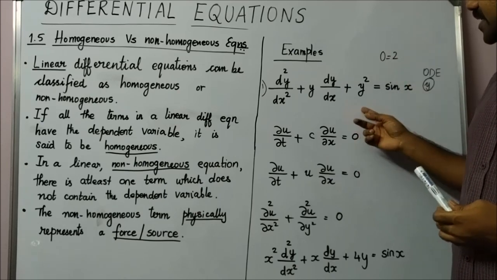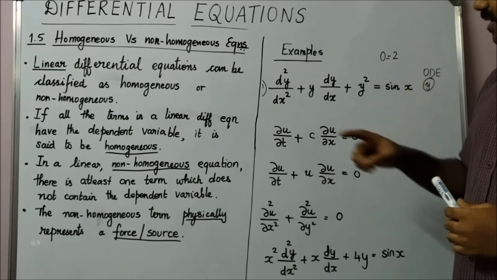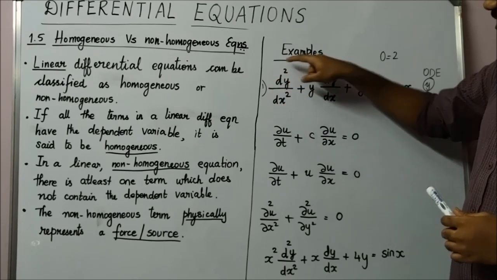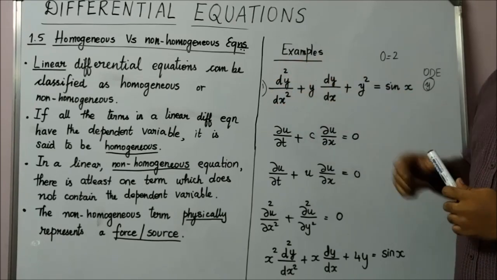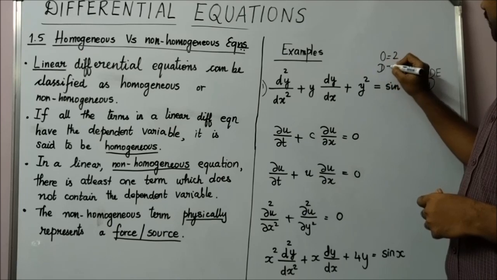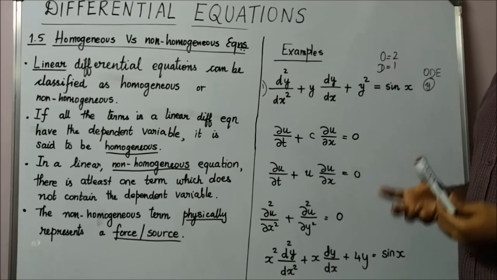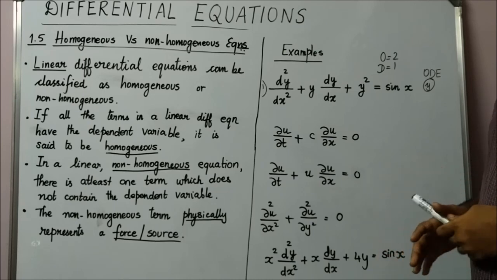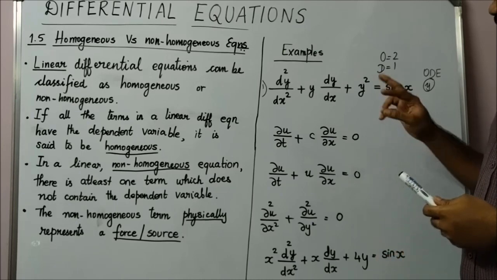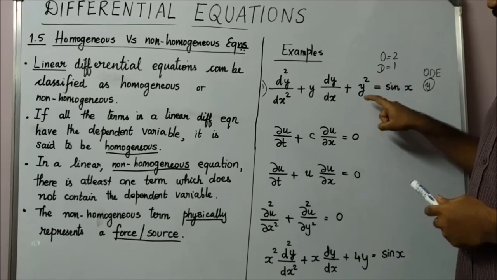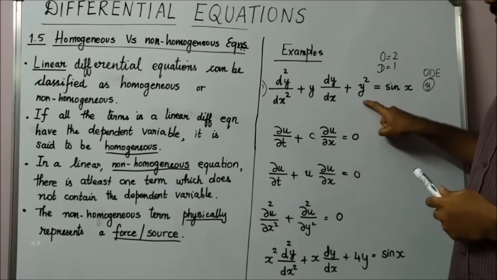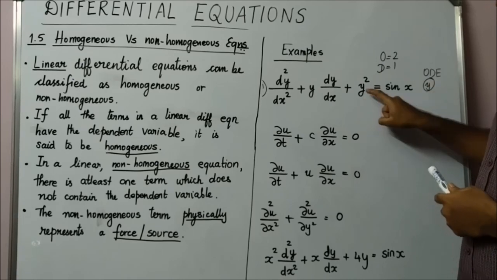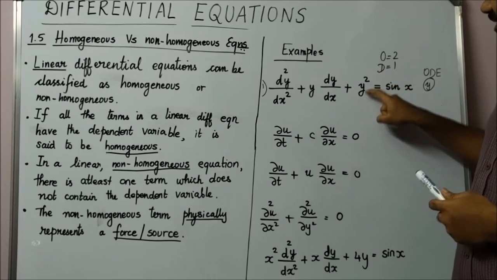What is the degree of this equation? The degree of this equation is 1 because the highest derivative is this and this has a degree of 1. So the degree of this equation is 1. Is this linear or non-linear? This is clearly a non-linear equation because there are two terms which make it non-linear. First, there is y square. The dependent variable is y. So the y square term, y has a degree 2.